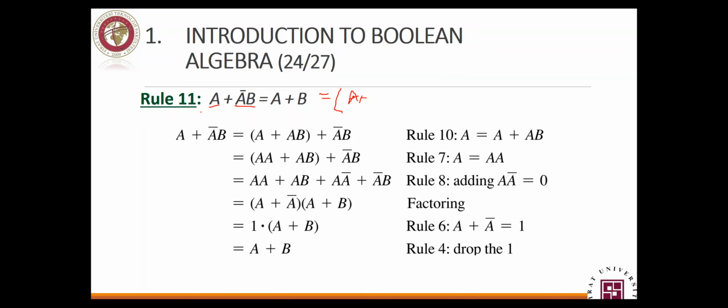A or A bar inside parentheses, A or A bar ended with A or B. A or A bar here, first part, is always 1. And then what will remain? A or B, we cannot simplify it. A or B cannot be simplified.